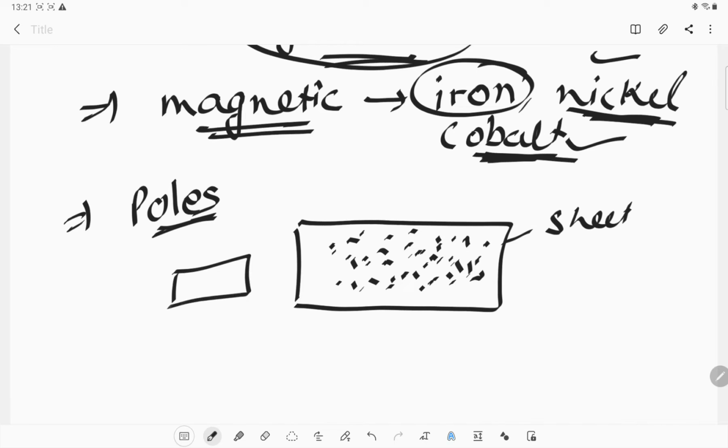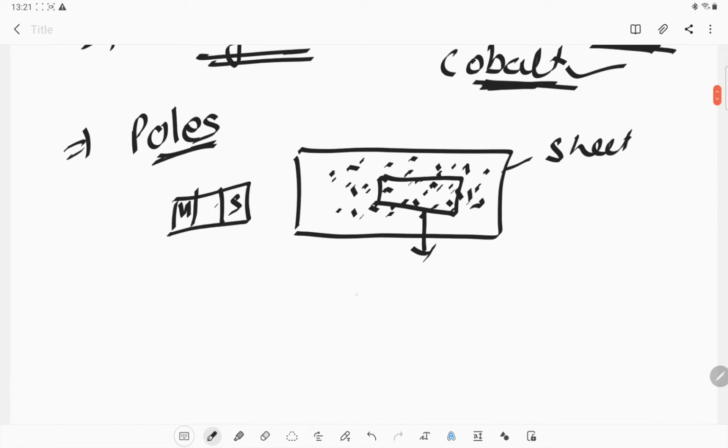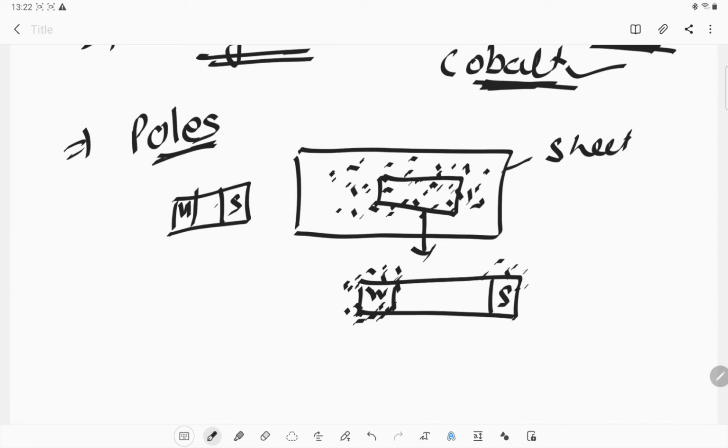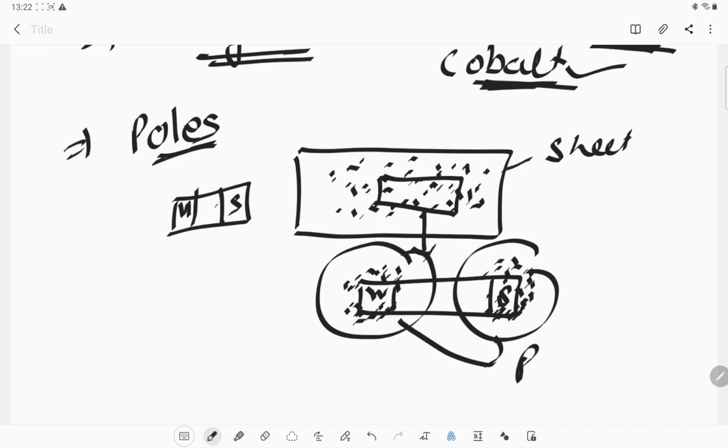Now they take a bar magnet, with the north pole here and the south pole here, and they place it inside it. What they see is that most of the iron filings are attracted toward the poles, close to these ends. So these ends are known as the poles.